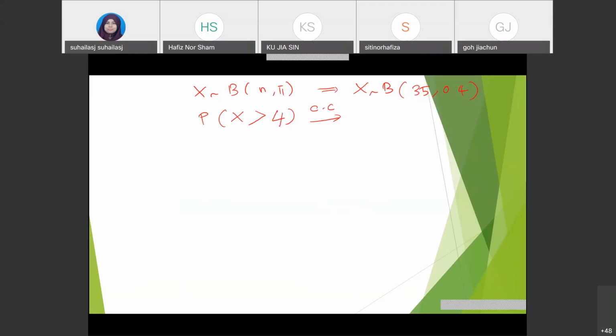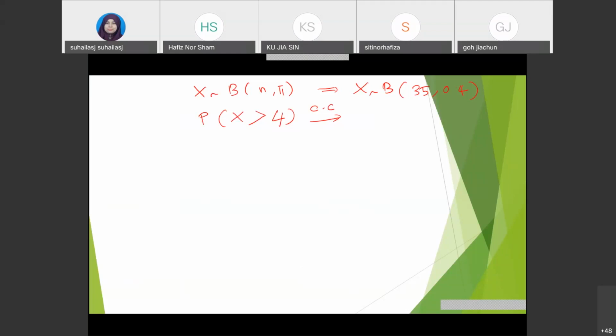So for the probability X greater than 4, we need to add either plus 0.5 or minus 0.5. When you have X greater than 4, that means you want 5 and so on. Because your X is a discrete distribution and now you want to change to normal distribution, whether there is an equality sign or not is important.